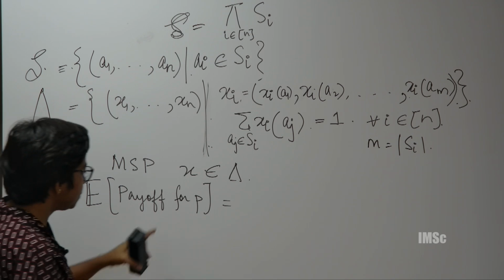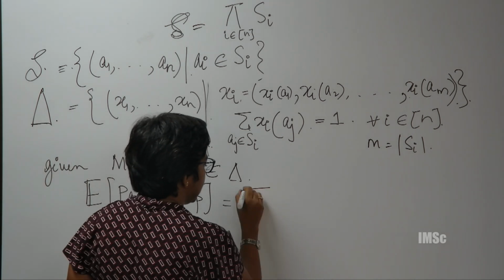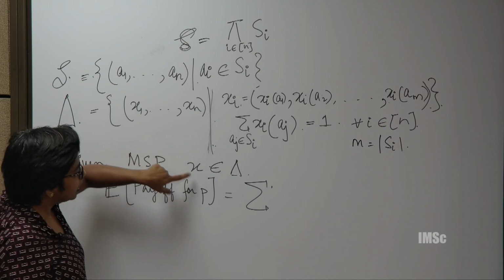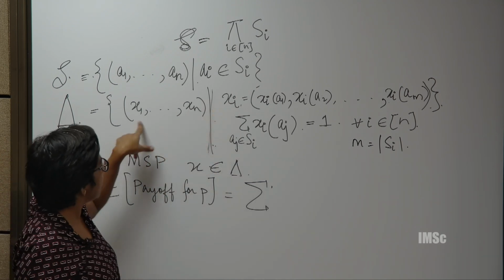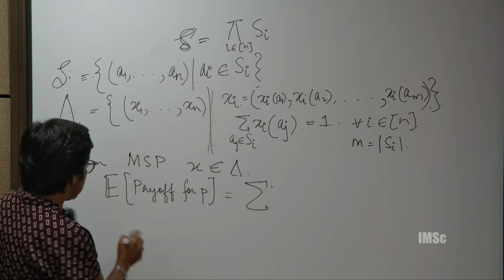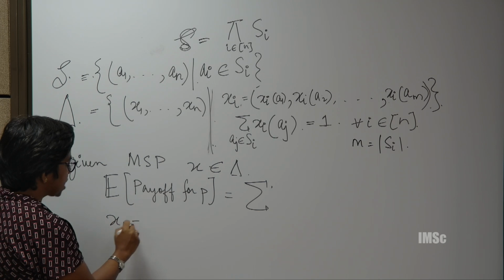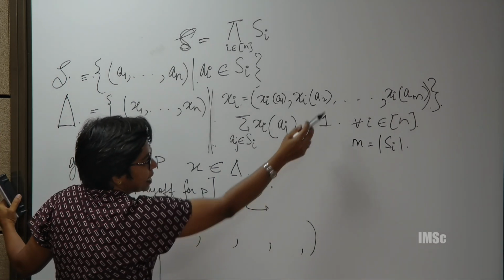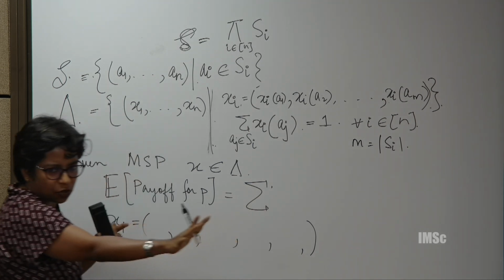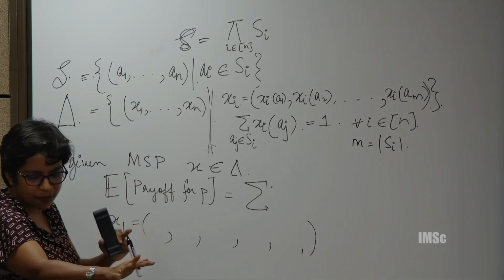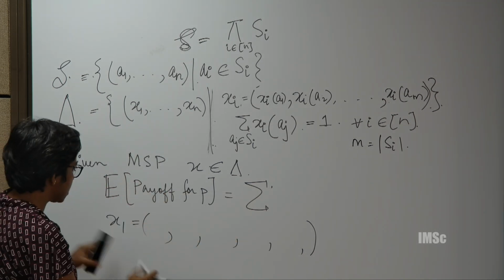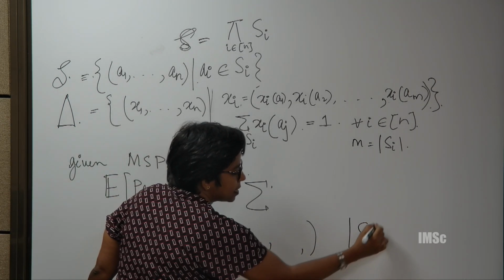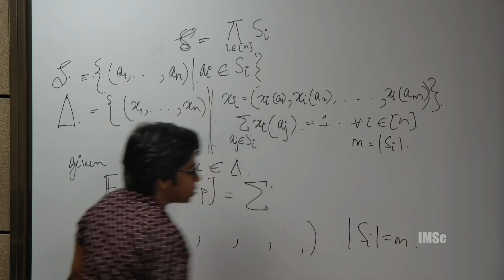If I think of x as a vector of this kind, x1, x2, x3, xn, see if you can visualize this. Suppose they have the exact same action space, like rock, paper, scissors, just for simplicity. It does not have to be that way. So, x1 is an m length vector, let us say each of the Si are of size m.